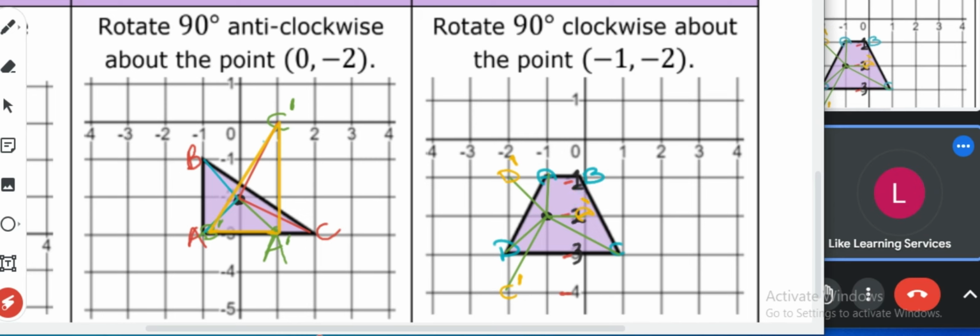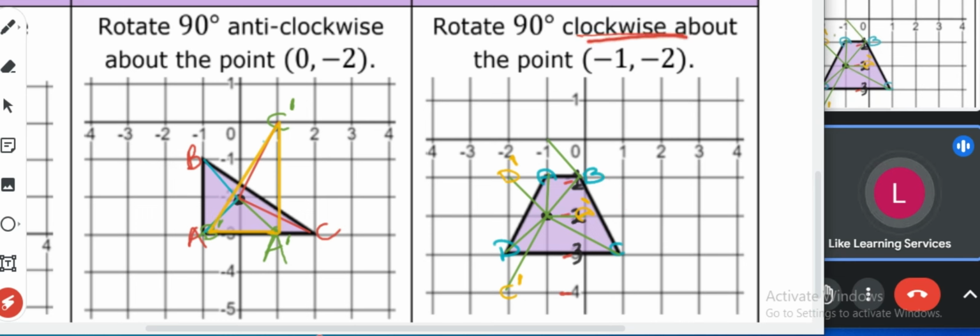Finally, B. Draw a line to B. Okay, so you've drawn a line from the center of rotation to B. So go clockwise. No, clockwise.